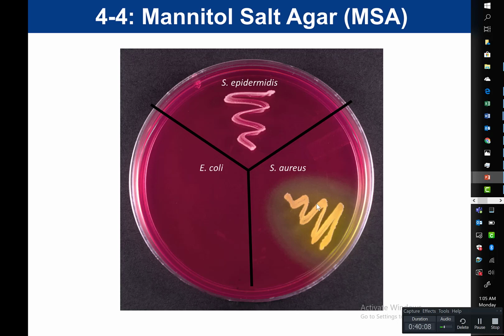The agar being yellow means that the agar is acidic. Remember that with phenol red, acidic is yellow. So the pH is acidic because the bacteria fermented the mannitol. And when it uses that sugar, it produces acidic products, which causes the phenol red to turn yellow. So that is presumptive Staph aureus.